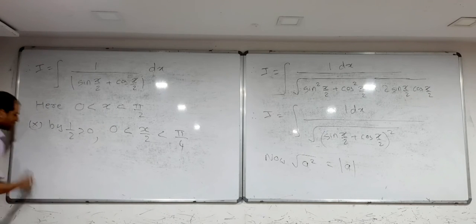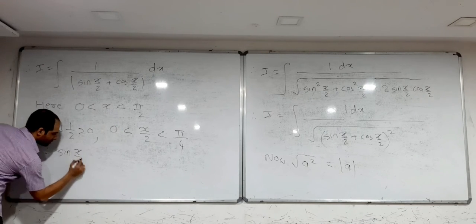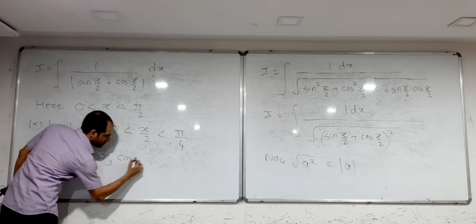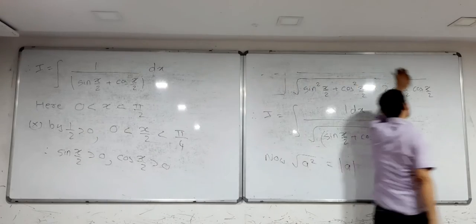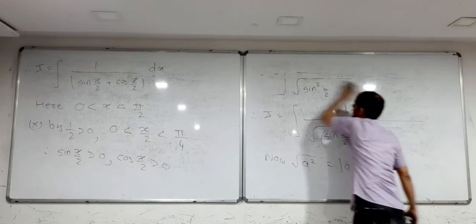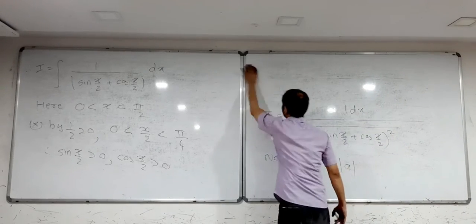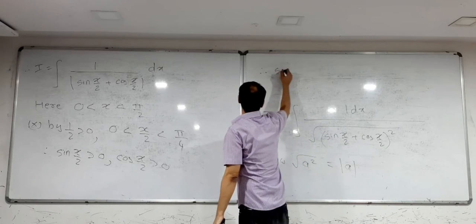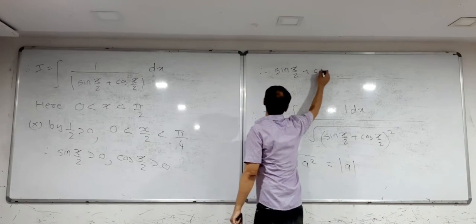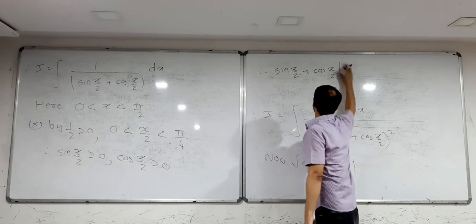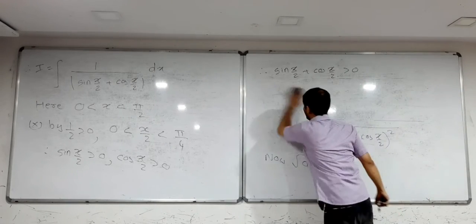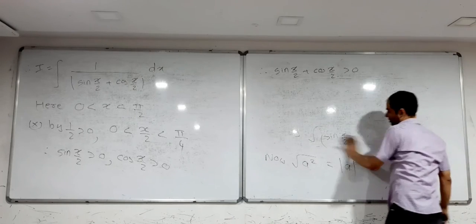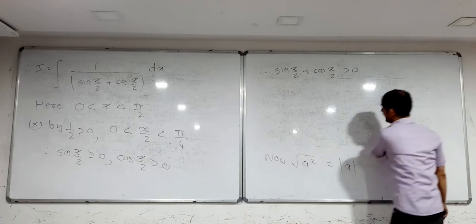0 to pi by 4 first quadrant. So sin of x by 2 is positive. Cos of x by 2 is positive. ठीक है. Since it is positive, so sin of x by 2 plus cos of x by 2. Positive plus positive क्या होता है? Positive. तो modulus of a क्या होता है? A when a is greater than 0.